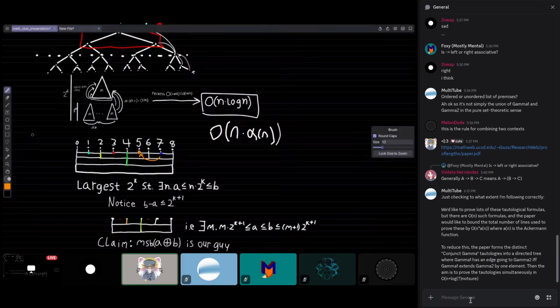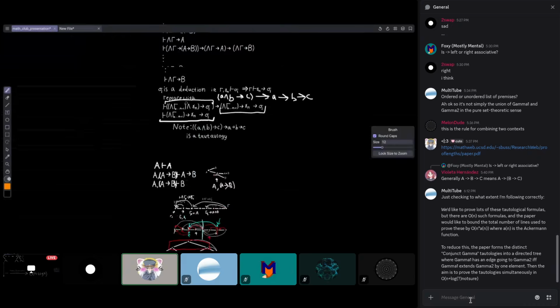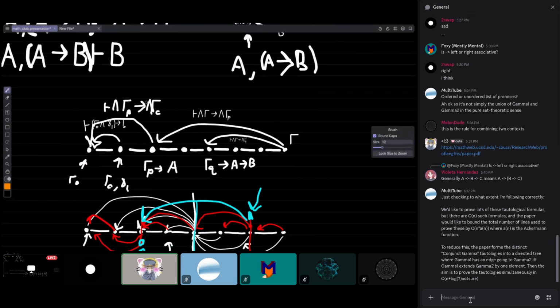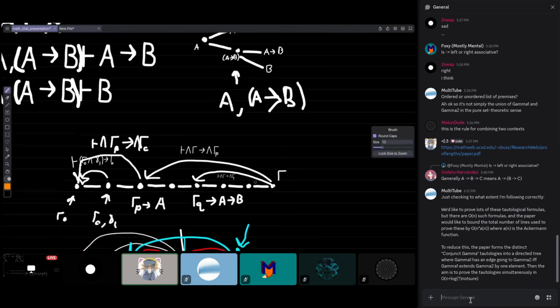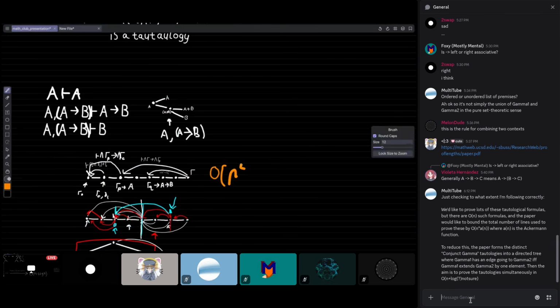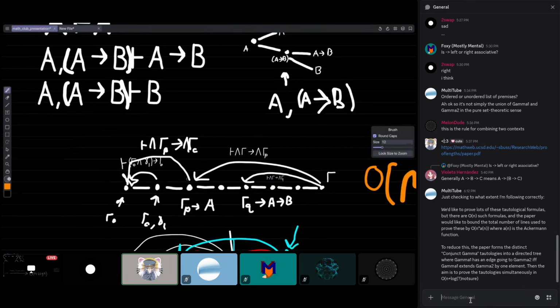Okay. So in general, if you just construct every possible one of these transport lemmas, you need on the order of n squared edges. Why is that? Because you need to jump from this guy to every single one of the previous guys.